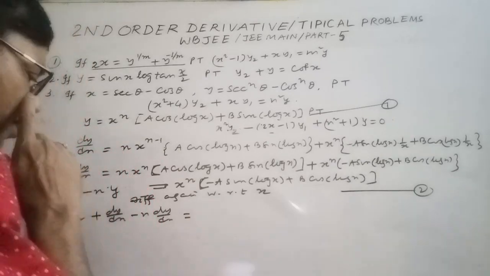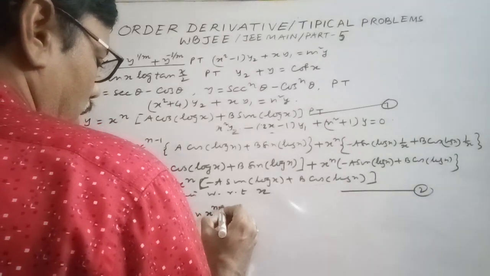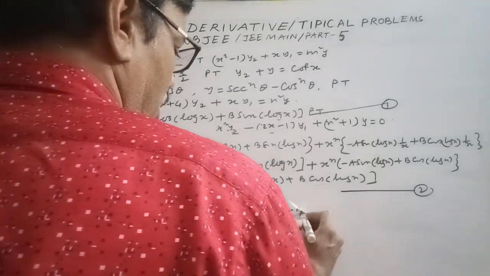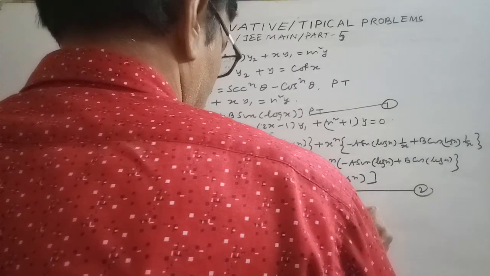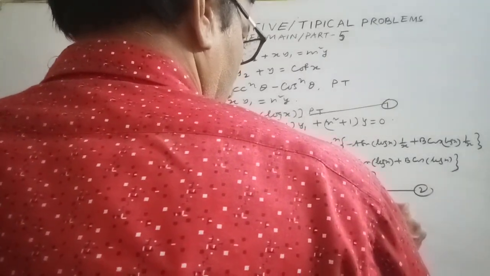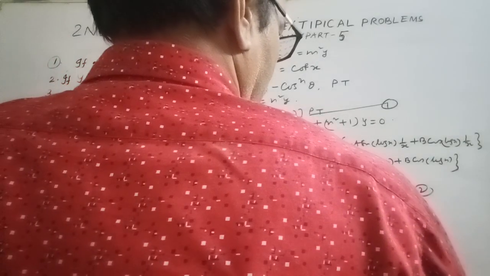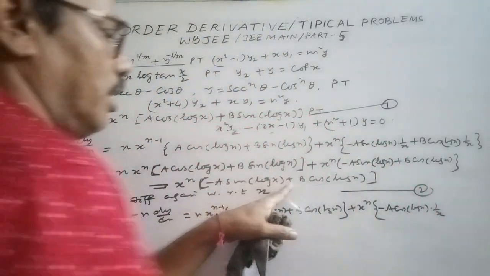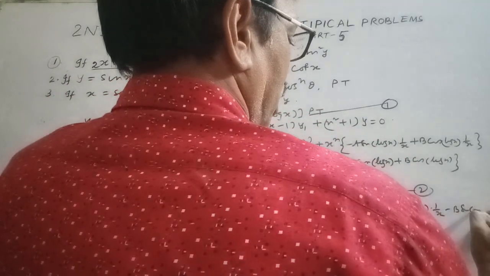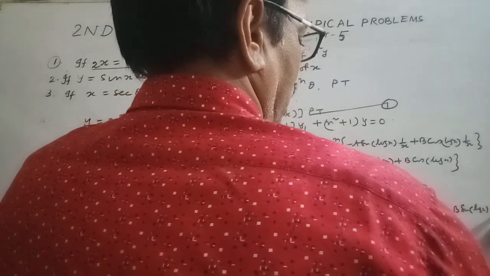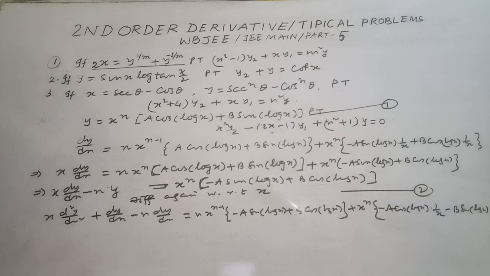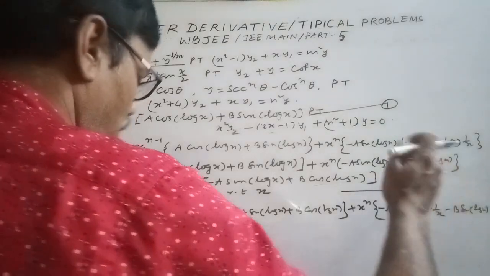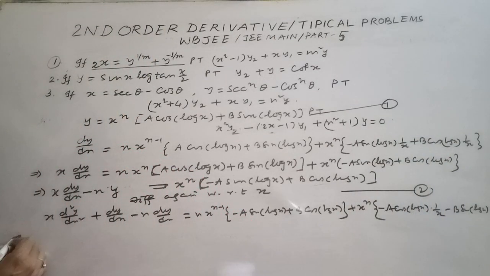And this is n into x to the power n minus 1 into minus a sin log x plus b cos log x, unchanged, plus x to the power n unchanged into minus a cos log x into 1 by x, derivative of sin, minus b sin log x into 1 by x. Now x is in the denominator, so multiply both sides by x.